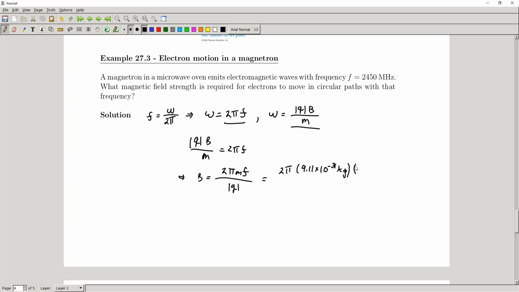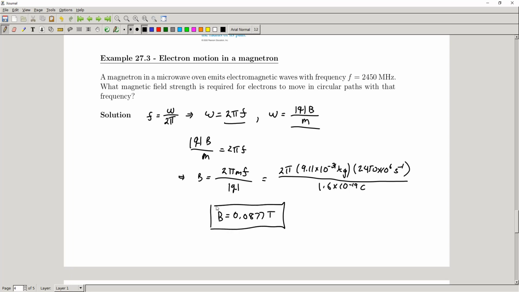And then we would have our frequency here in hertz, and so we end up with 2450 times 10^6 seconds^-1, right? And this is going to be over the magnitude of our charge, about 1.6 times 10^-19 coulombs. And if you do the whole calculation, you're going to end up finding a magnetic field with a magnitude of 0.0877 Tesla.